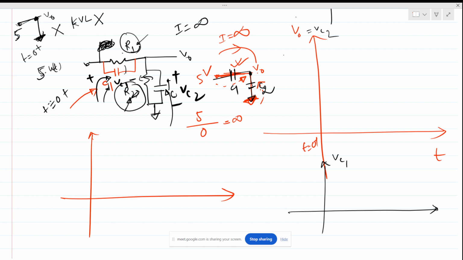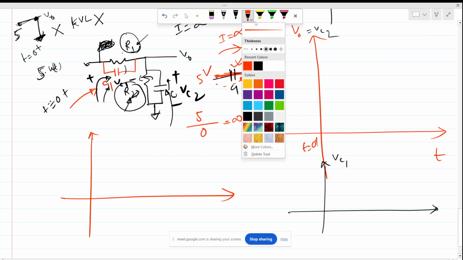Now the voltage will divide in a capacitive divider manner, and in this case the voltage across the capacitor will have a sudden jump. This is the main thing here.